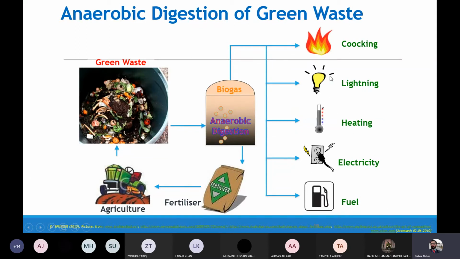All these are the uses of the biogas. The other product is the fertilizer, which is the slurry, and it can be utilized to produce food for human beings, and this food when wasted can obviously be added into the same reactor once again. So it's a cyclic process basically.